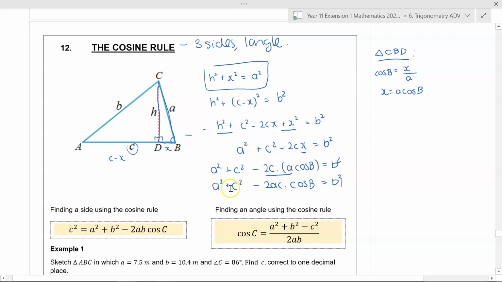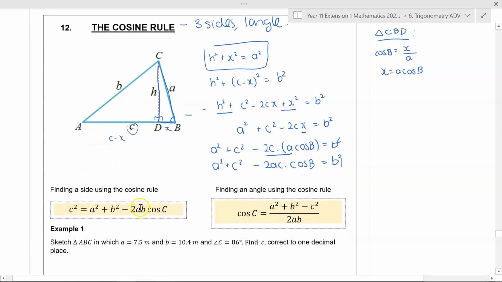You know, with the cosine rule, a, b, and c can be used interchangeably. So if I had drawn my perpendicular a different way, so instead of dropping it down to AB, either dropping it here or dropping it over here, I would have got the three different versions. This version here is the one you'll be given on your formula sheet.